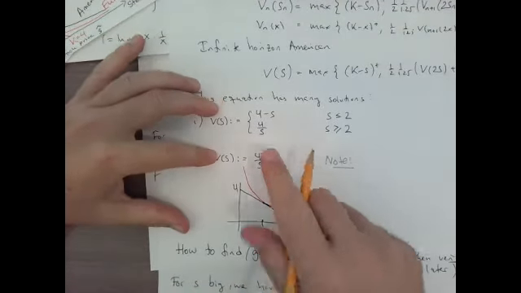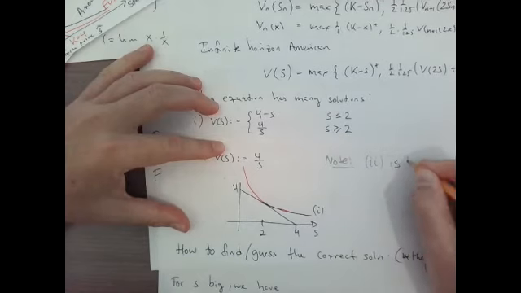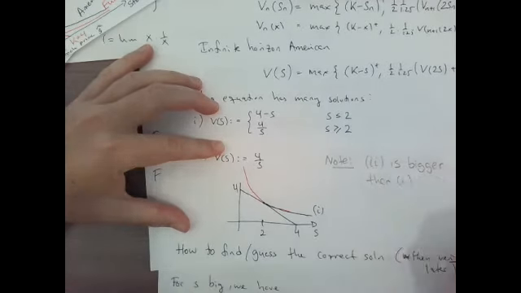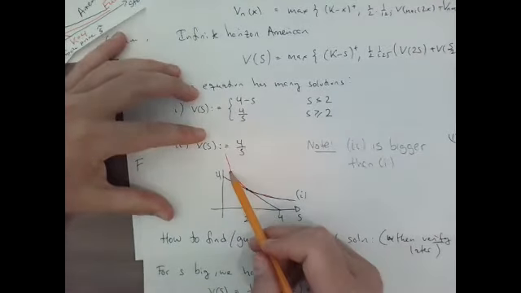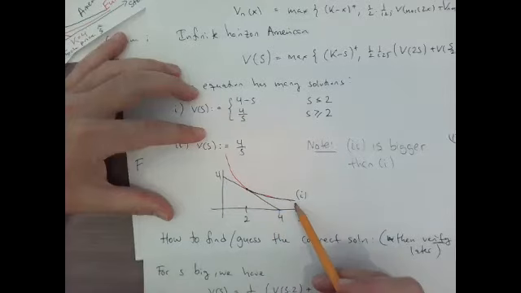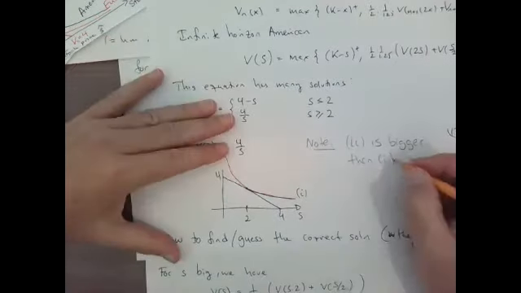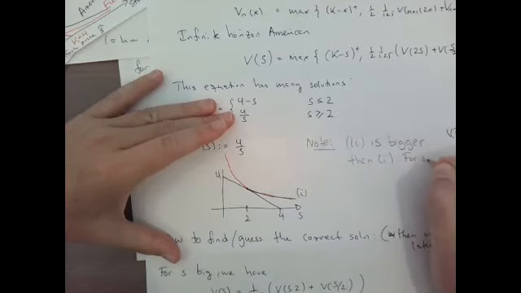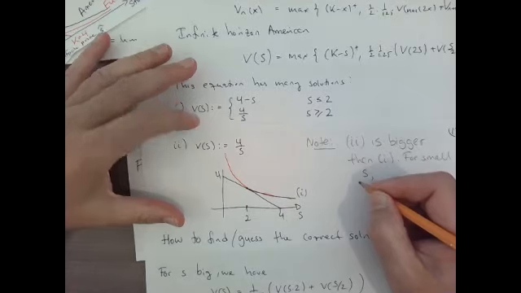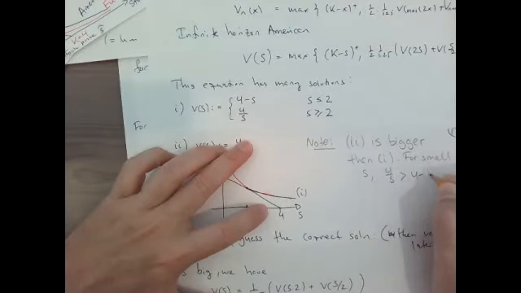Something to note here is that the second one is bigger than the first, because the red line dominates the black line. Inside here it's bigger too: for small s, 4 over s is strictly bigger than 4 minus s.